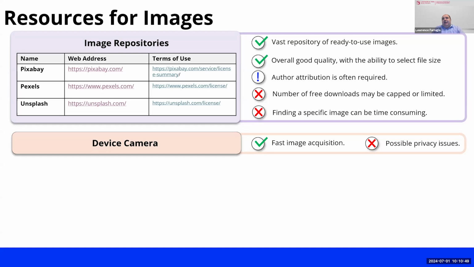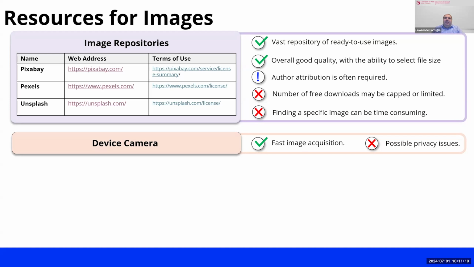Also, another thing to consider is that if you need a very, very specific image, that can be quite time consuming. For example, if you need an image of a turtle, or an image of someone wearing a specific costume in a specific setting, using image repositories can be a bit more challenging. In fact, it may take some time for you to find the correct image.